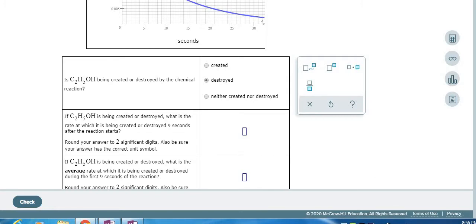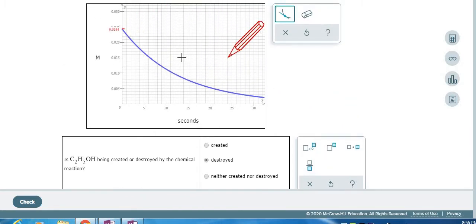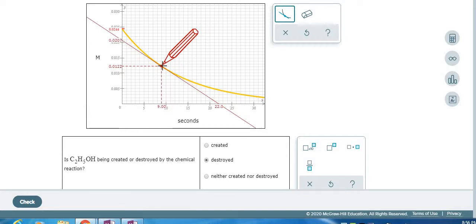Okay, so let's go ahead and draw that tangent line at 9 seconds. I got my little tool here, and 9 seconds is going to be right here. So I'm going to draw that tangent line, and it is giving me the things that I need. I can see that the tangent line crosses the x-axis at 22 seconds.